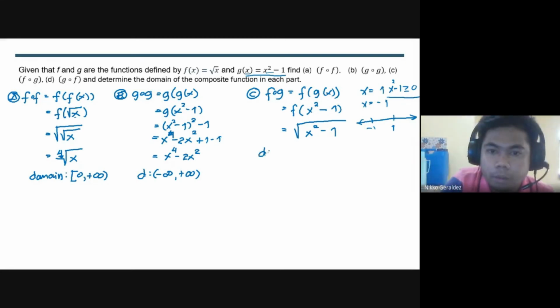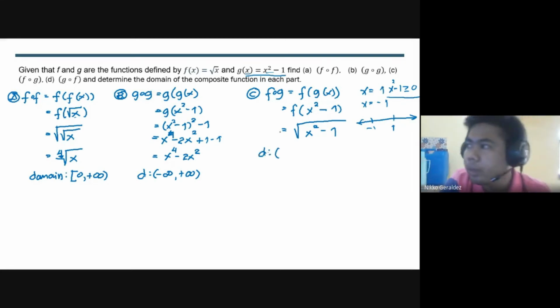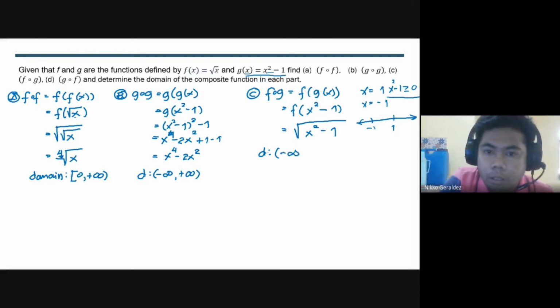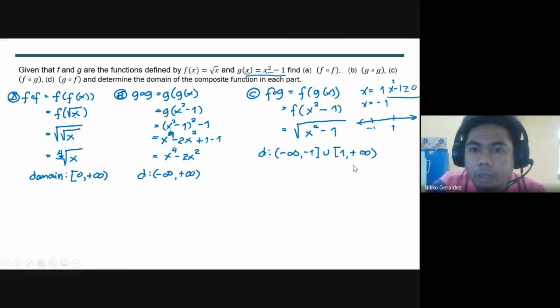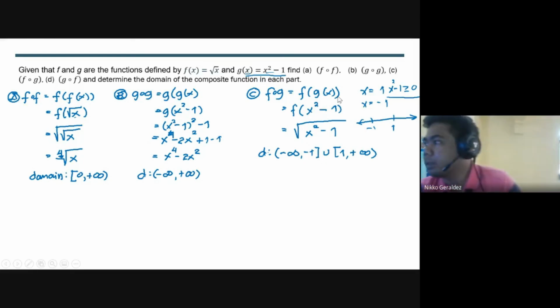So the domain is the union of negative infinity to negative 1 and 1 to positive infinity. Inside the domain of the input function g of x, which is all the real numbers, this domain is a subset of the domain of g of x.